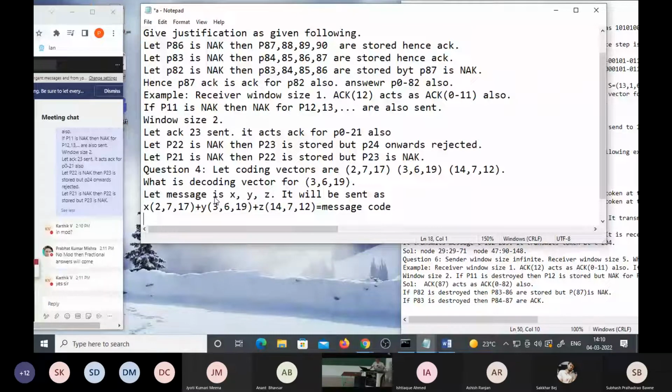Now, the code dotted with which vector is equal to y? Do you understand this? Find v so that code into v is y. Can you tell me what property v should satisfy?